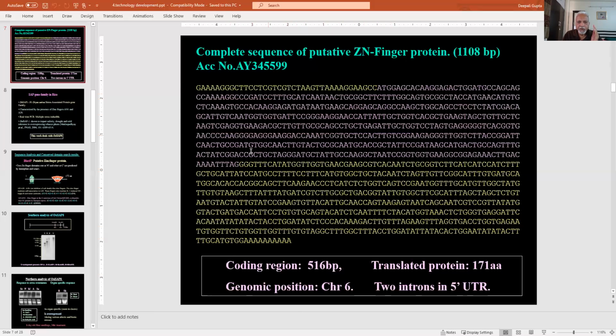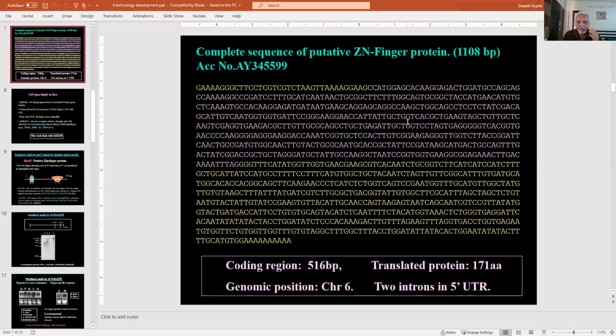From here to here is the coding region, and from here to here is the non-coding region, basically. Okay, and this 516 base pair, which is the pink region, the coding region, translates into a 171 amino acid protein, as shown by in vitro translation.